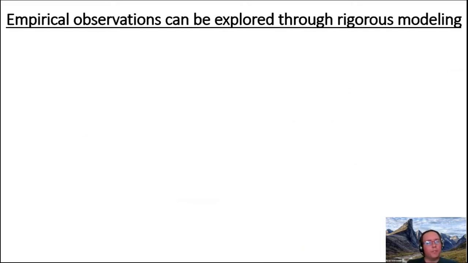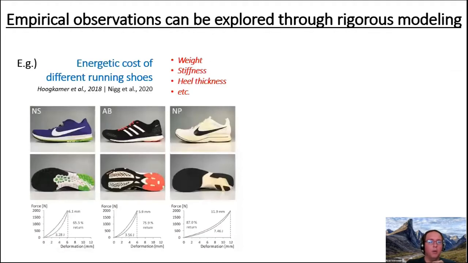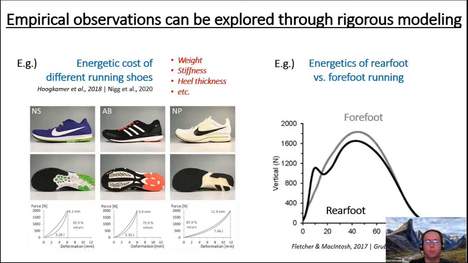And then there are a lot of different types of experimental studies that people will do. Say, for example, here in the HPL, perhaps people are interested in what's the energetic cost of running with different shoes, and maybe how you can save energy by designing a particular shoe based off its weight, stiffness, heel thickness, things like that. Another question people might be interested in is, well, what's the difference between energetics of running rear foot and forefoot?